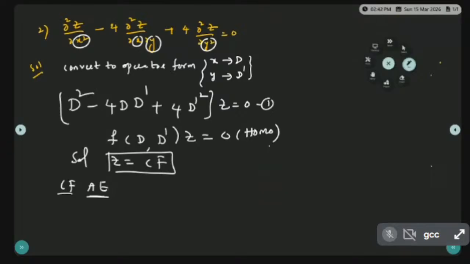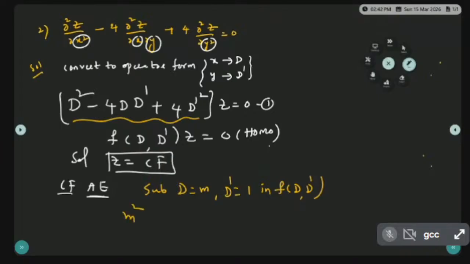Yes. Substitute D equal to M, D dash equal to 1 in F of D, D dash. Now, perform this step. D square becomes, please respond, M square minus 4.